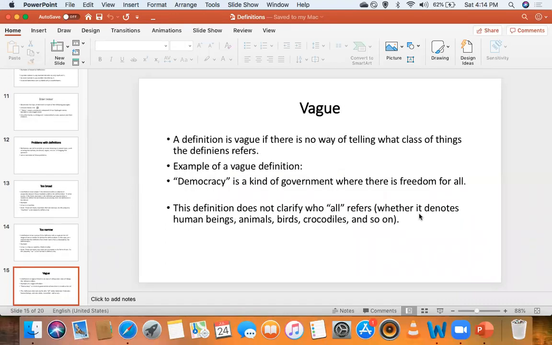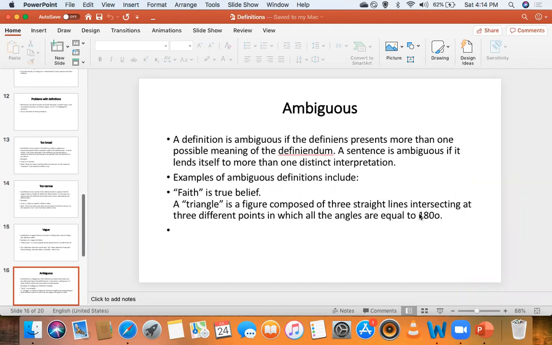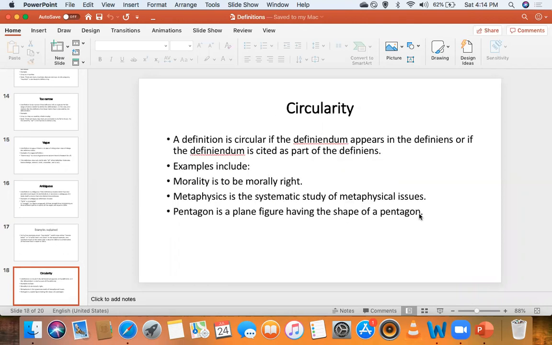We said definitions are vague if there's no way of telling what class of things the definiens refers to. And then definitions could be ambiguous if they generate more than one possible meaning. And then we will say definitions are circular if the definiens repeats the definiendum. Morality is to be morally right.